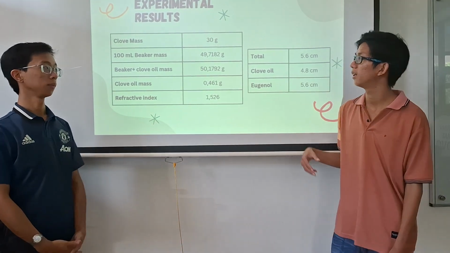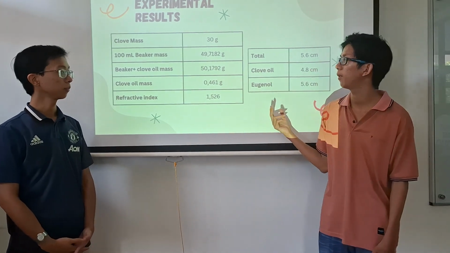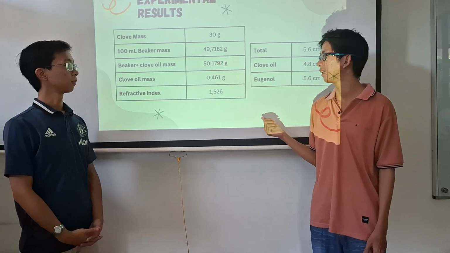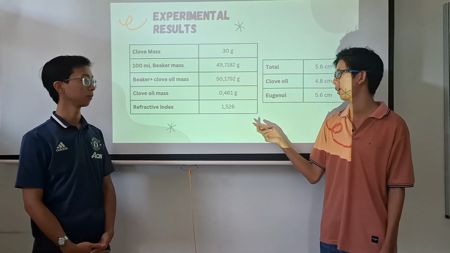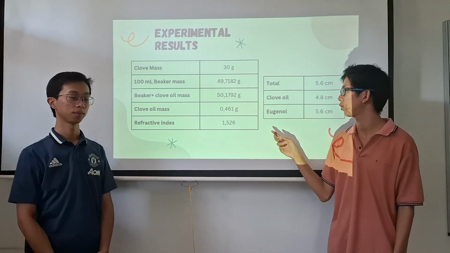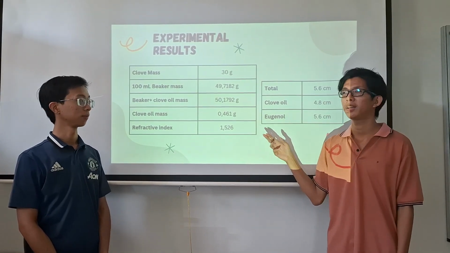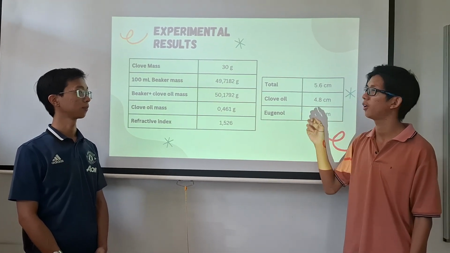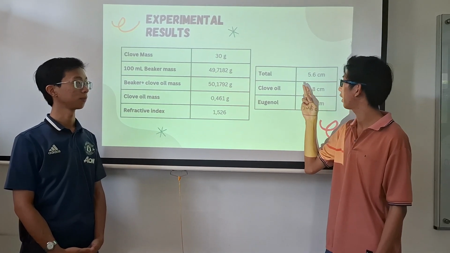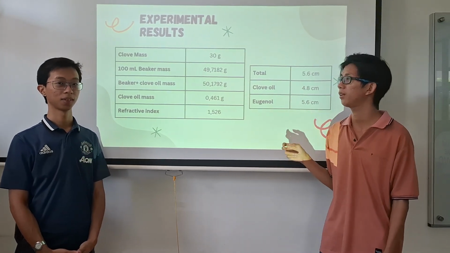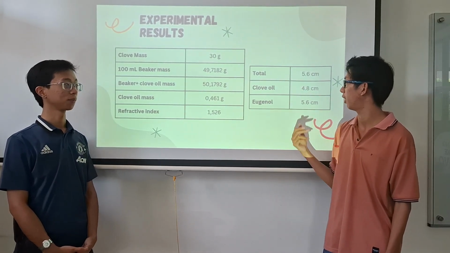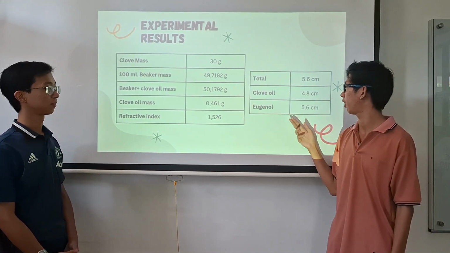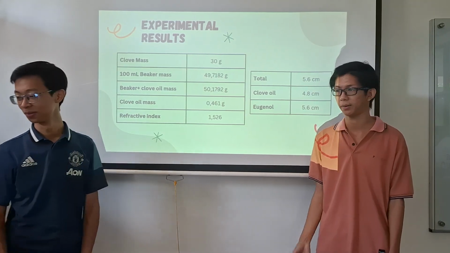From this data, we can see the clove oil mass is about 0.461 gram, and the refractive index we get is 0.526 at 29 degrees Celsius. For the RF, we get 5.6 centimeter in total, 5.8 centimeter for the clove oil, and 5.6 centimeter for the eugenol.